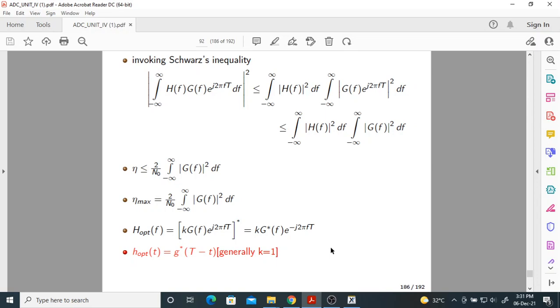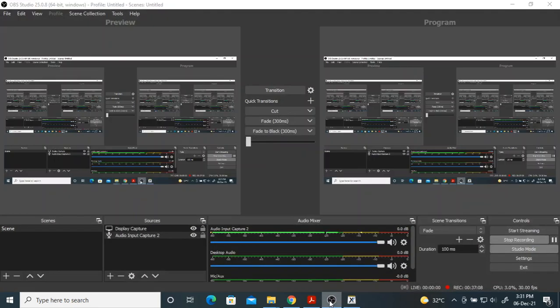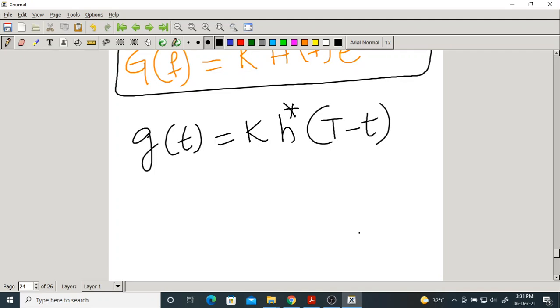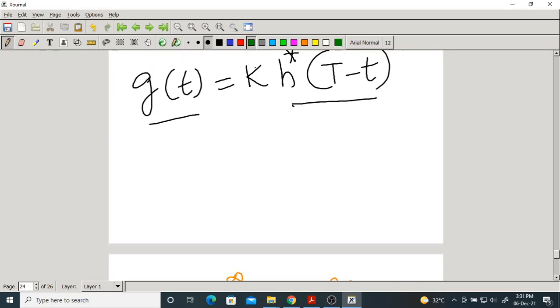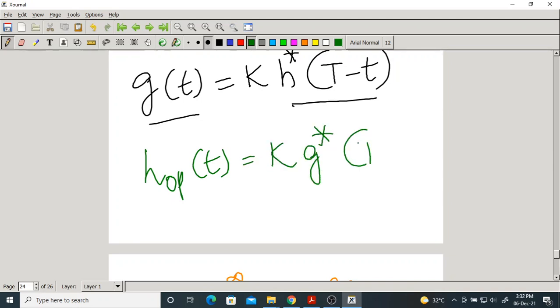Or you can also write it in reverse. Here we have to find h of t, and g of t is the known signal, so it can also be reversed like this. You can write h optimum of t equal to k into g of capital T minus t.